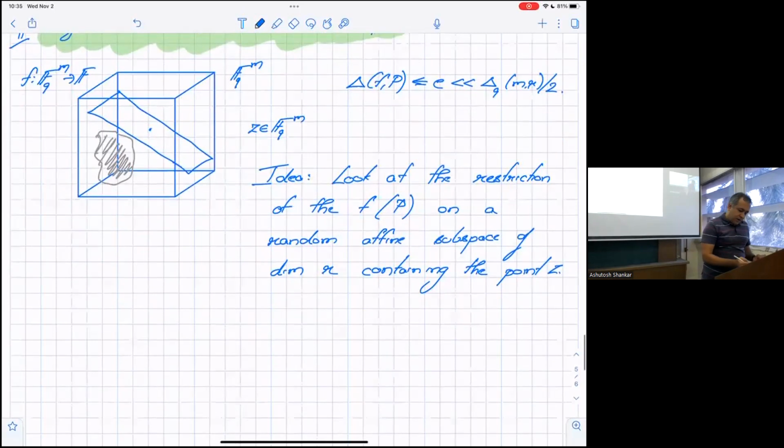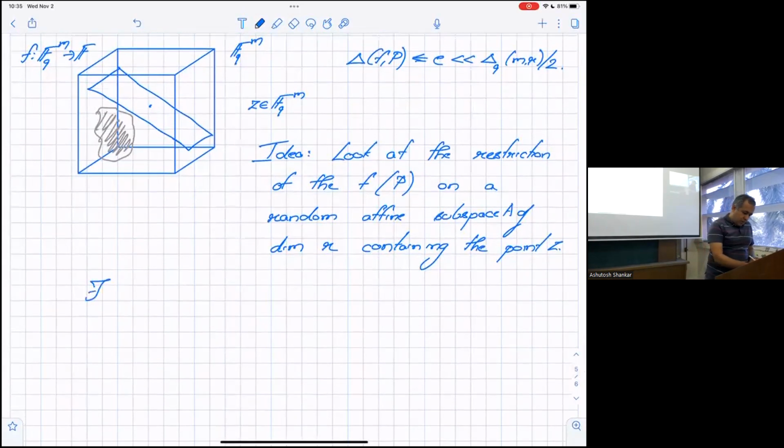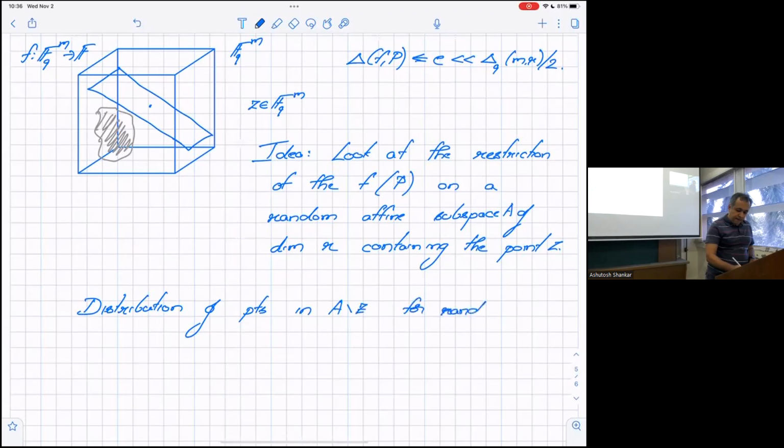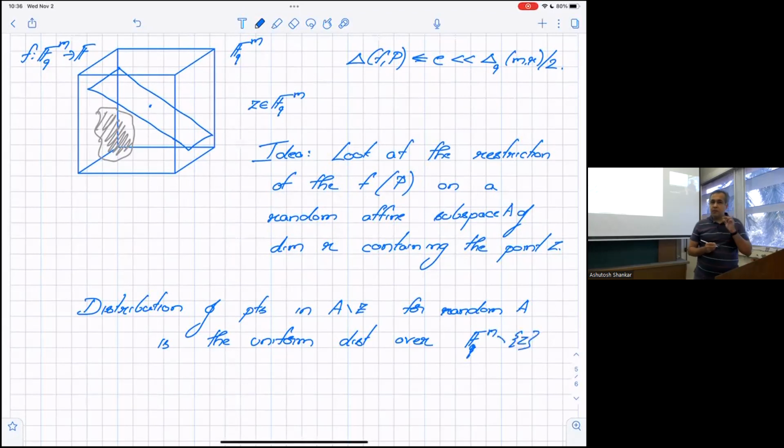What I want to say is, let's look at a random affine space A. All I want to claim is that the distribution of points in A minus Z, for random A, is the uniform distribution over F_Q^M minus Z. The marginal of any point.